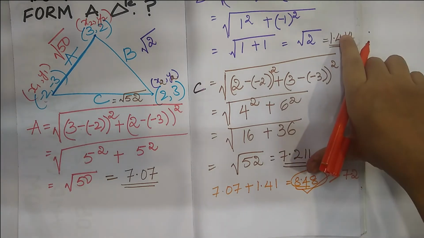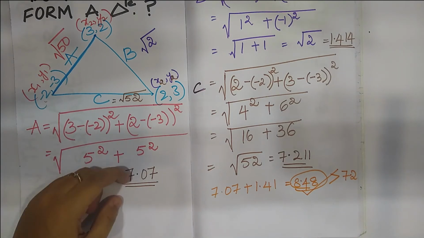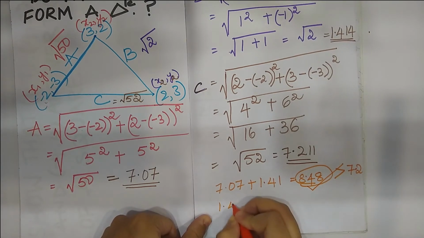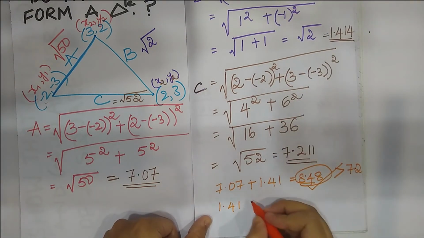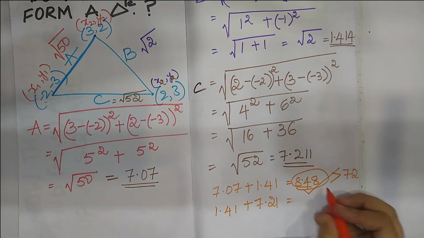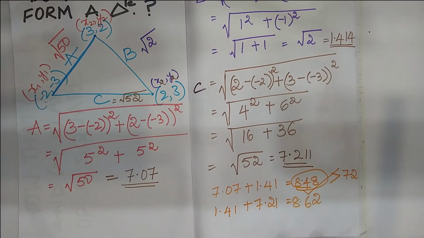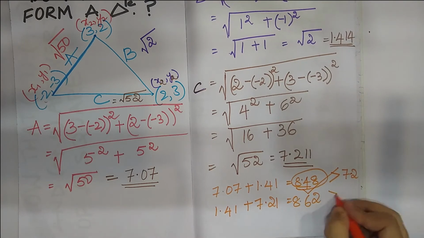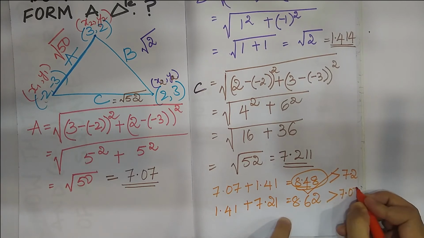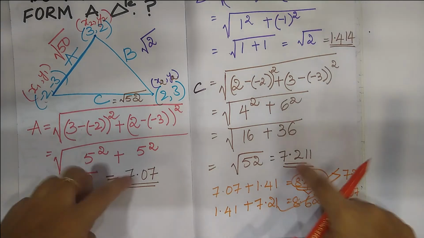Let us check for these two. Alright. So if you add up these two distances, it should be greater than this third distance. So let us do that. 1.41, which is this distance, plus 7.21. So what do we get? 8.62. So is 8.62 greater than the side that we left out, which is 7.07? That is also true. Now what is left out? These two, right?